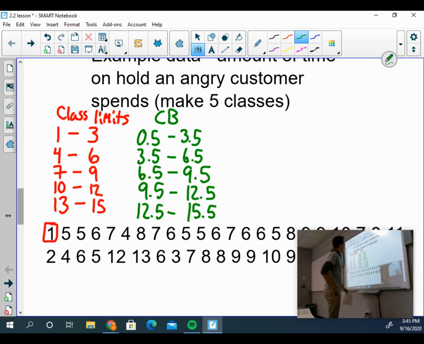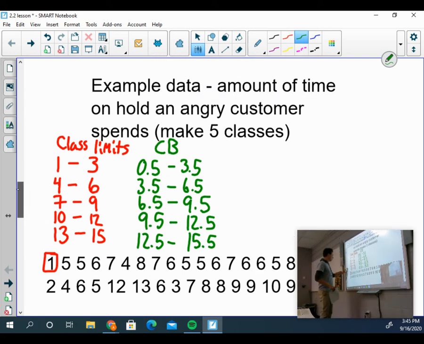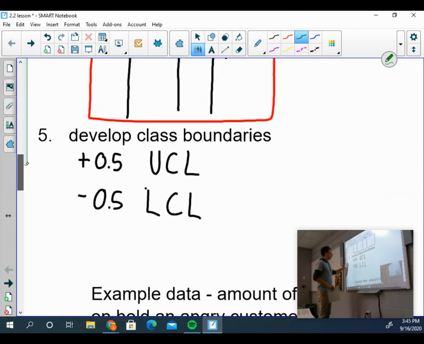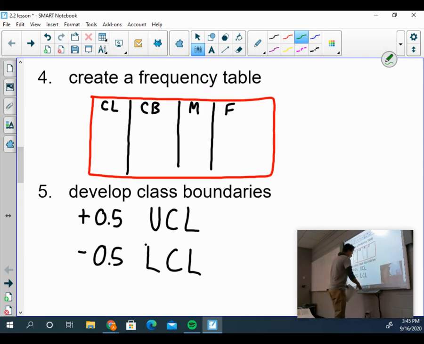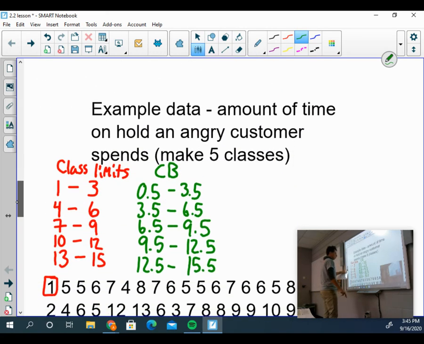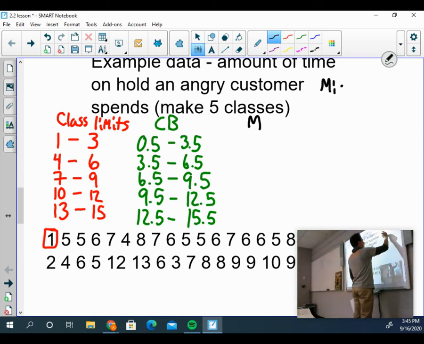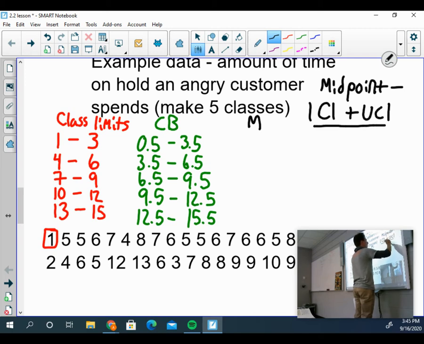Okay? So we have our class limits, our class boundaries. The other thing I added in here that I said we were going to find would be the midpoint. You can see it right here. How do we find the midpoint? Well, the midpoint of each class is simply: you take the lower class limit plus the upper class limit, divided by 2.